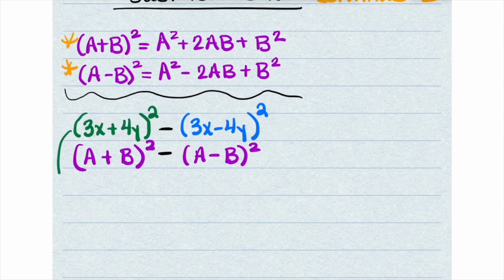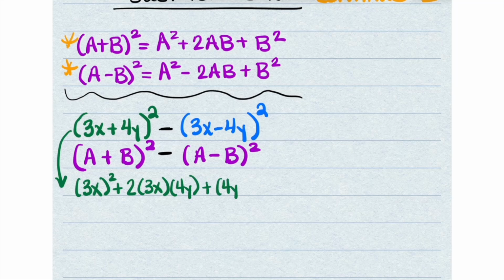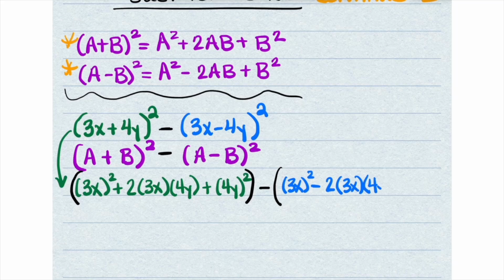Okay, with the green, that means 3x squared plus 2 times 3x times 4y plus 4y squared minus 3x squared minus 2 times 3x times 4y plus 4y squared.